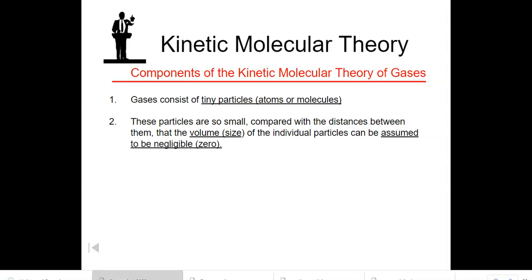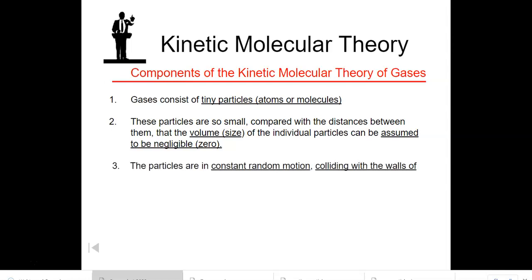So really, in essence, because the particles are so small, there is no volume. Gases have no volume in the particles themselves. Now, when you put a bunch together, you can fill up space.